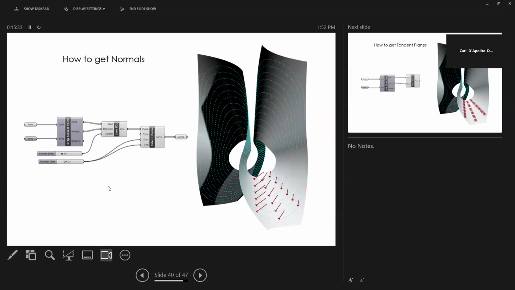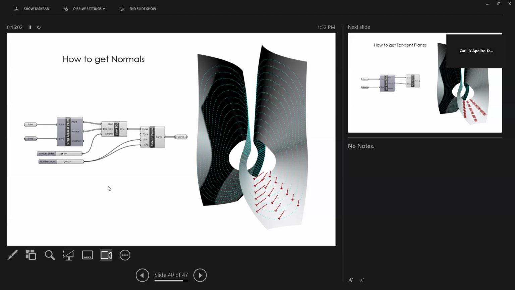Okay, so then there's how to get the normals on a surface. This is the other thing I feel you need to know, and it's a very, very simple script. It takes a bunch of points and a polysurface in Rhino, uses this closest point component to put the points on the surface, and gives me the normal and the points so I can draw a line and extend that line.